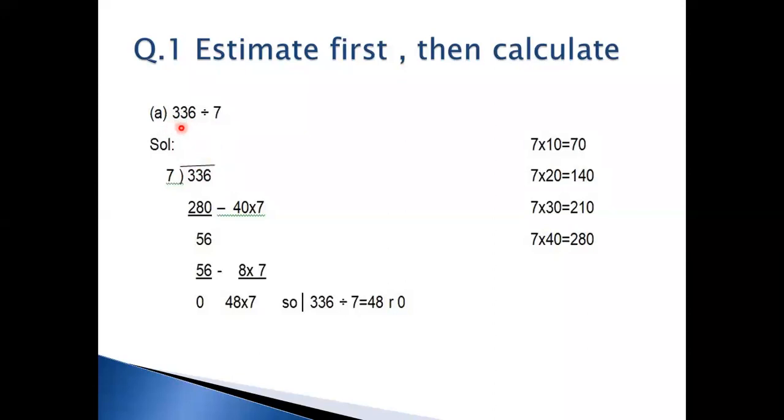It means 336 is our dividend, so I have written it here, and 7 is our divisor, which I have written outside the symbol of division. This is our traditional style of writing the division question. That's why I have started my question in this way, so that you can be more comfortable.